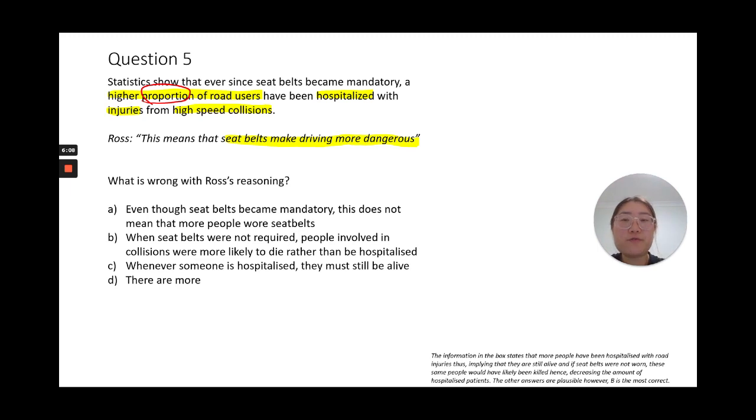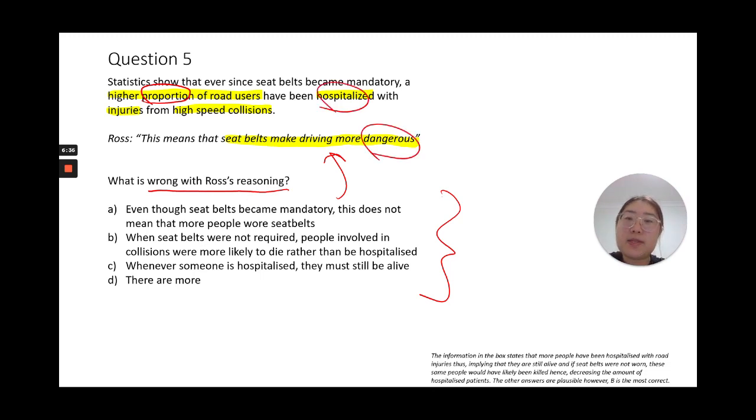Second of all, you need to find some holes in Ross's reasoning because they tell us that his reasoning is wrong. What could it possibly be? What you can do is have a look at the options, okay? So A, even though seatbelts became mandatory, this does not mean that more people wore seatbelts. Now, this is not directly the correct answer because it doesn't really relate to Ross's argument about it being more dangerous and the hospitalization.